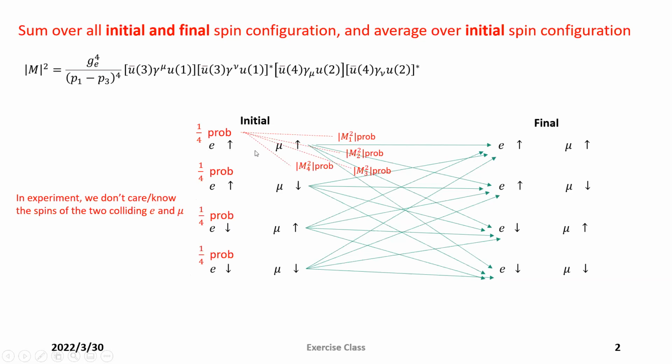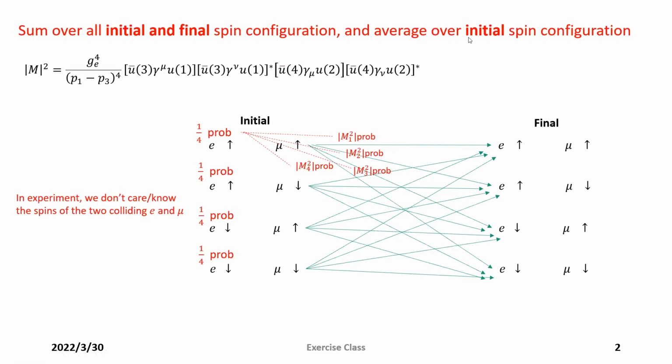Now let's consider the first case. We have 4 possible choices for these 2 spin up leptons to scatter, so we have 4 possibilities, and each will carry the corresponding amplitude square.